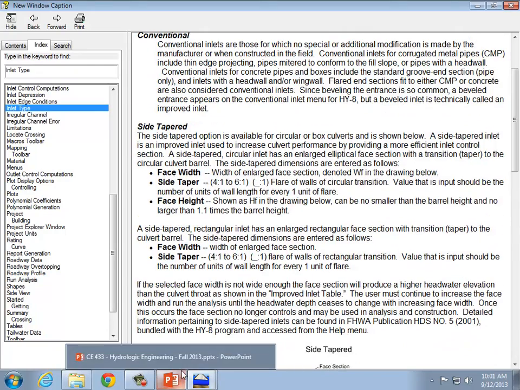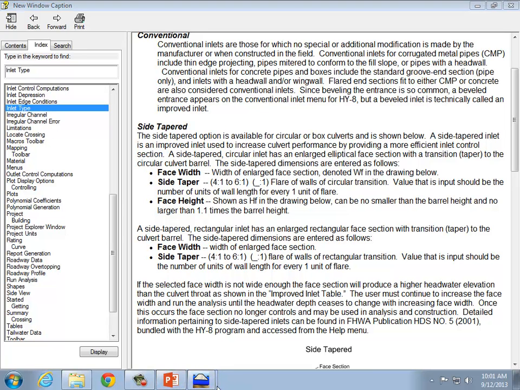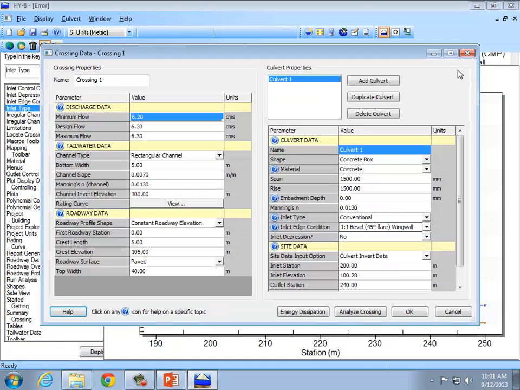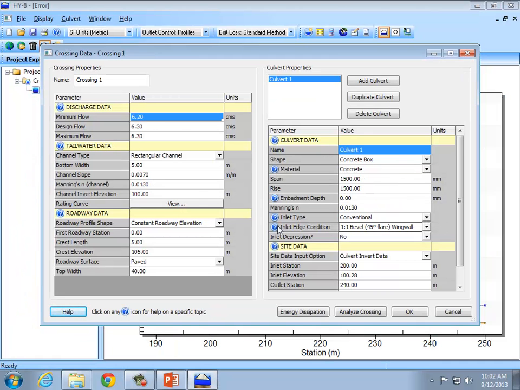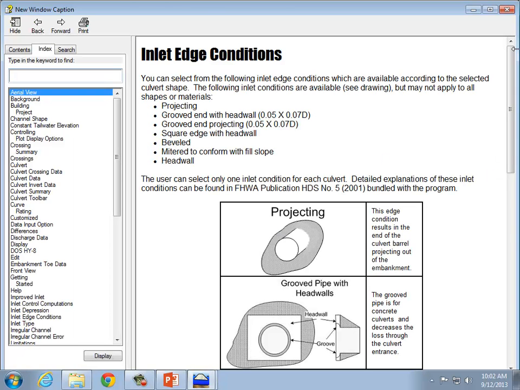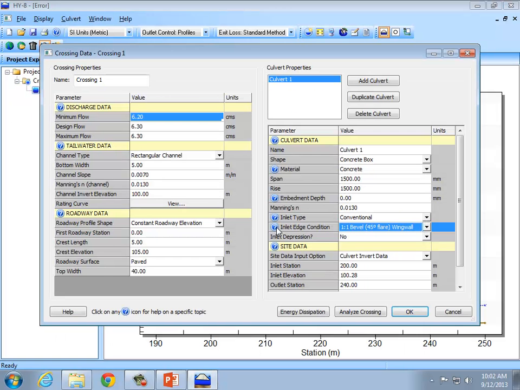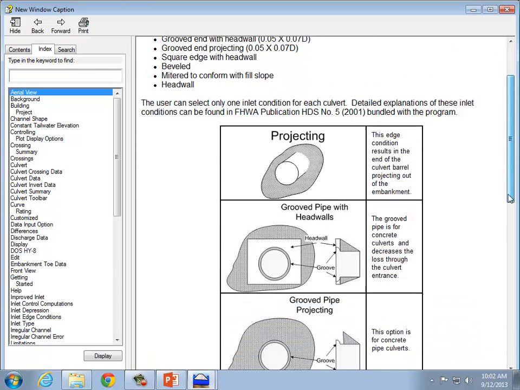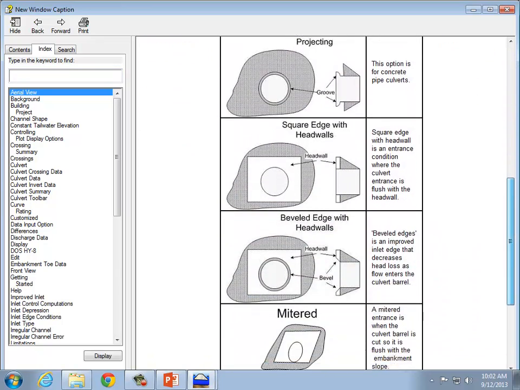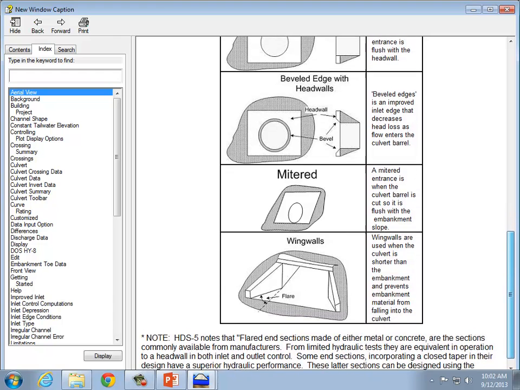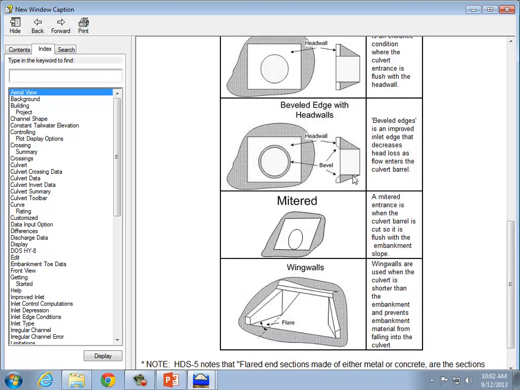So if you come across a situation in the field, and you want to actually represent it as accurately as possible, then you can try and find which one in the program is closest to what you see in the field. Oh, there it is. Yeah, you just click on the little question mark next to it, and it pops open the different options here. Mitered, wing walls, beveled, and so on. All right.